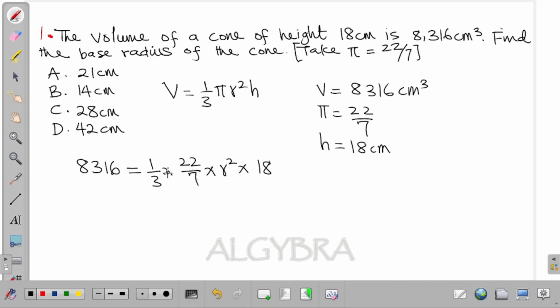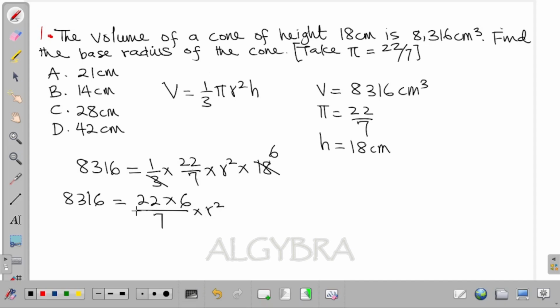Now we know that in 18, we have 3 six times. So I'm going to cancel this 3, so that here we have 8,316 equal to, multiplying all the numerators, 22 multiplied by 6 all divided by 7 times r squared.